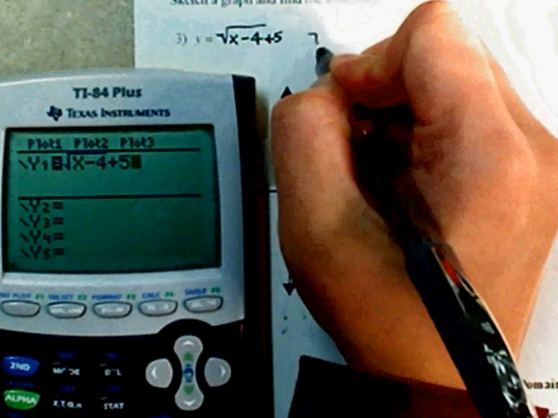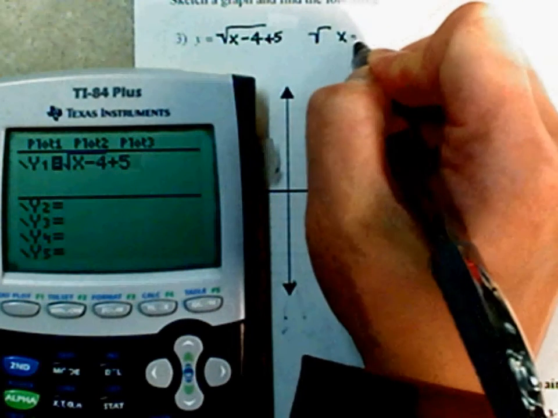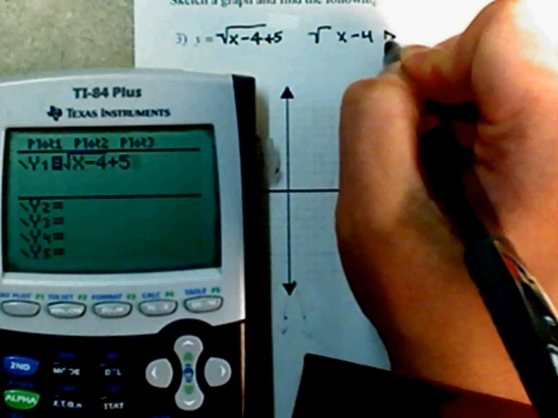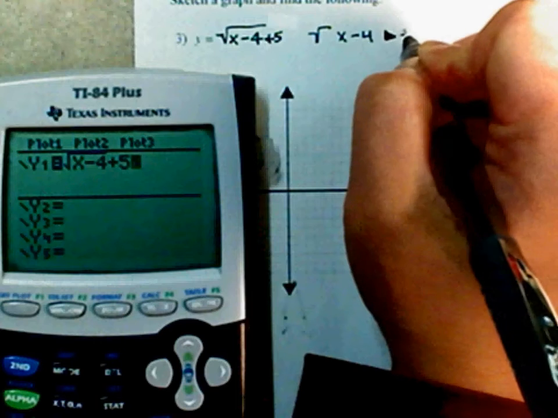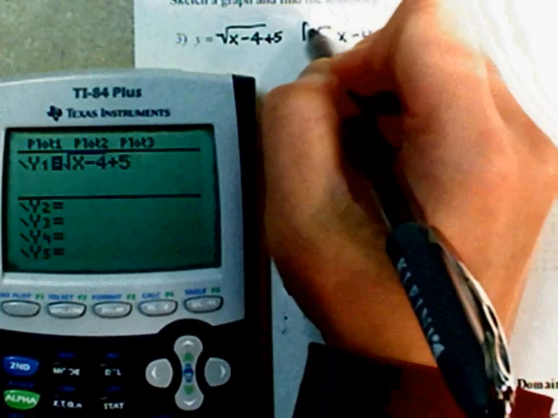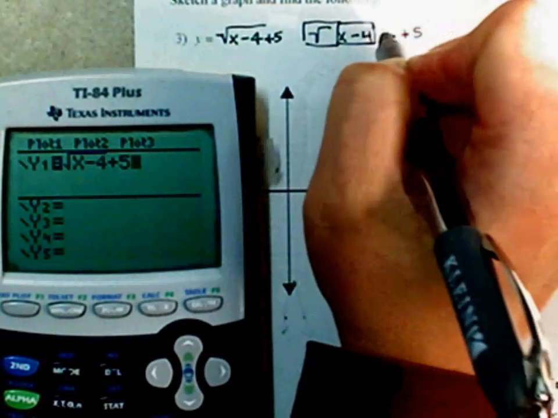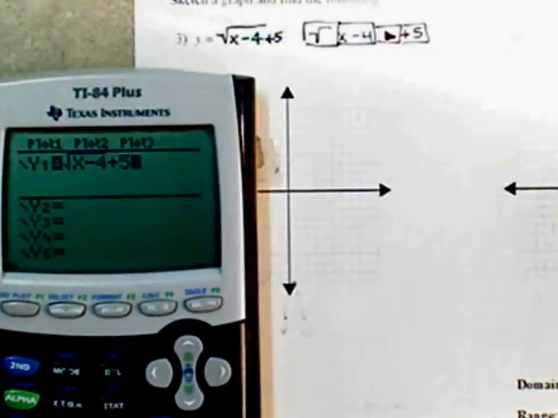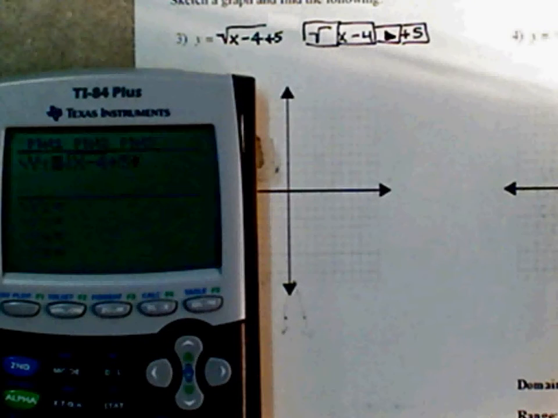You gotta go to the right click, plus 5. That's how you type it into your calculator, just like that. Yes, plus 5. It's a radical.